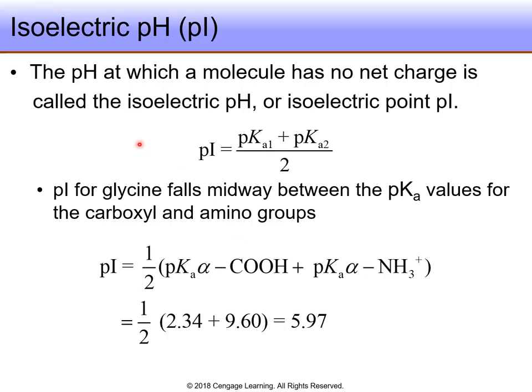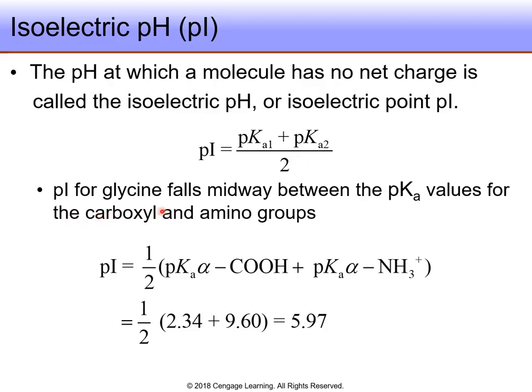Now, amino acid isoelectric point. The pH at which a molecule has no net charge is called the isoelectric pH, or isoelectric point, pI. And this property can be put to use in separation methods. The pI of an amino acid can be calculated by this equation: pI equals pKa1 plus pKa2 divided by 2.